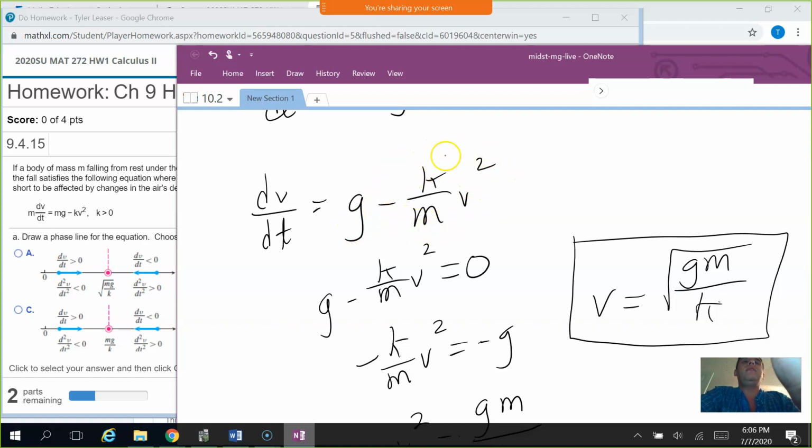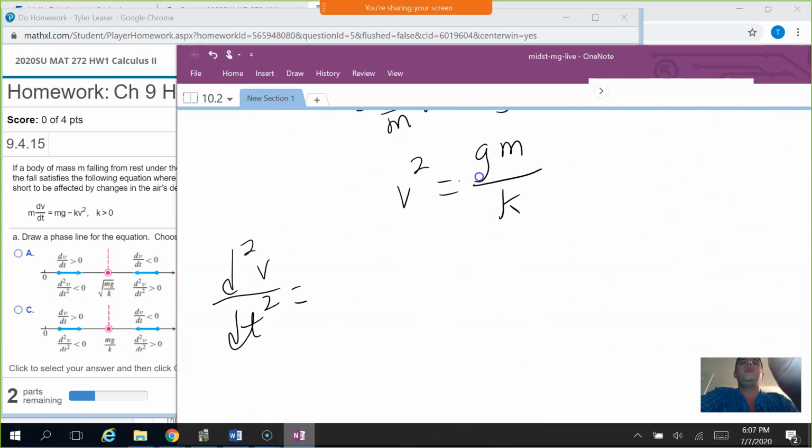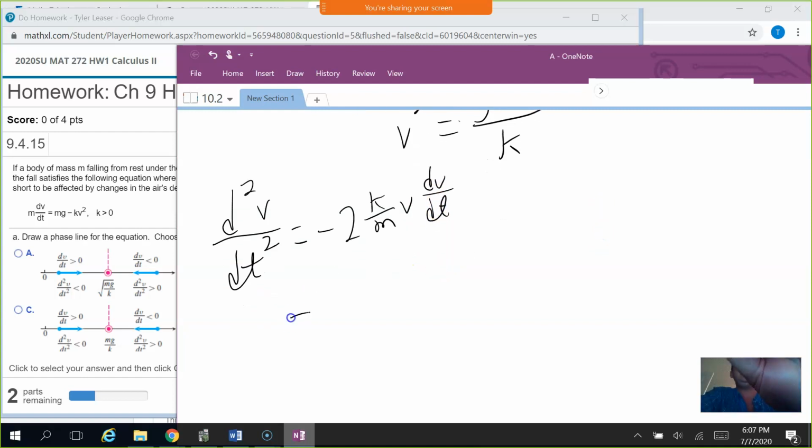The derivative of this with respect to t is going to be the implicit differentiation. So the first thing we're going to do is the derivative with respect to v, which is bringing the 2 down. And then we're going to multiply that by the derivative of v. So it's going to end up being negative 2 k over m v, and then there's going to be a dv/dt that we throw at the end. But we know what dv/dt is.